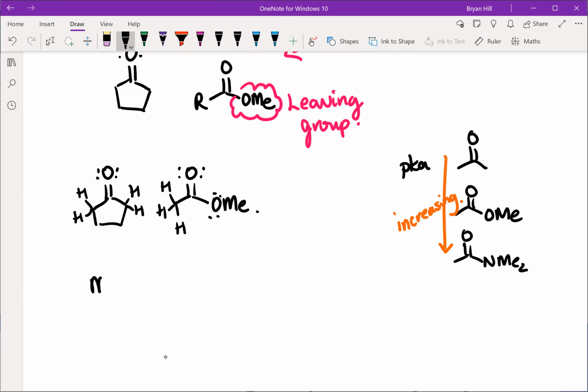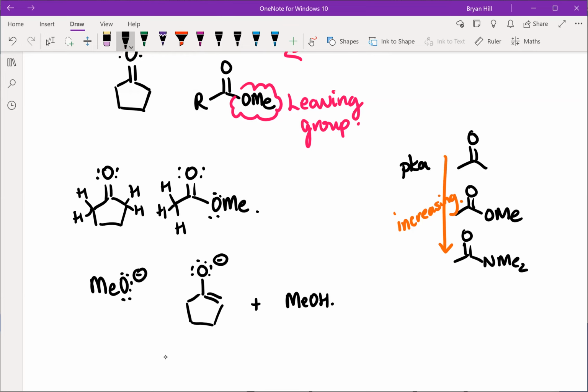There's another thing to bring up too, actually. If you had methoxide in here, there's going to be an equilibrium which is formed where you generate a tiny amount of this plus methanol. And what can happen is that this enolate can then attack the ester.